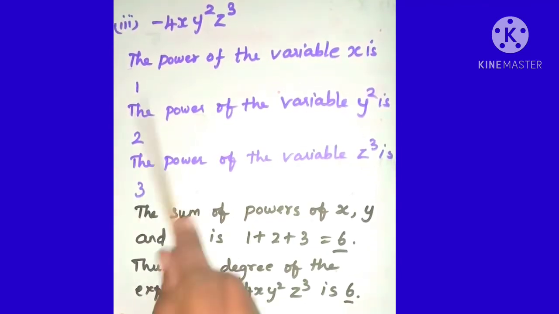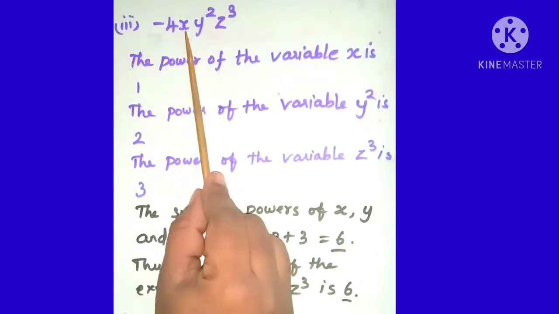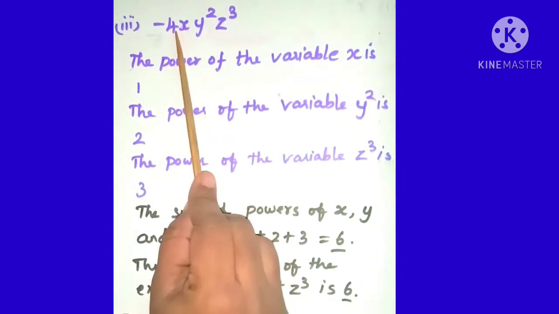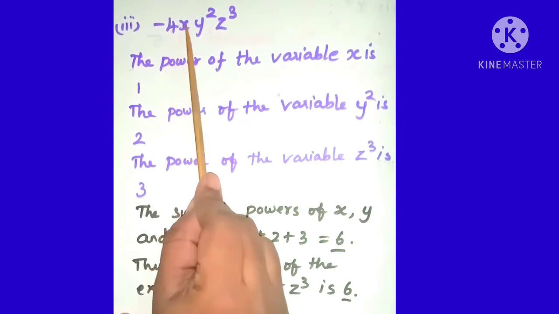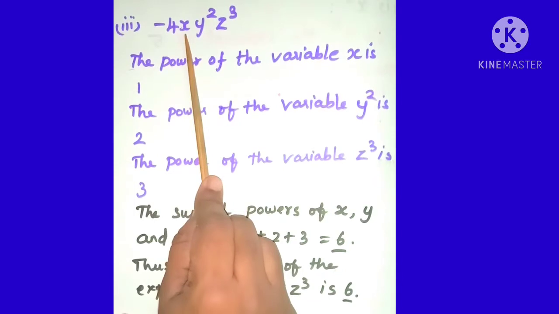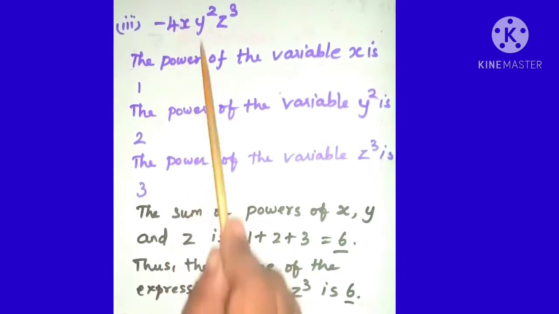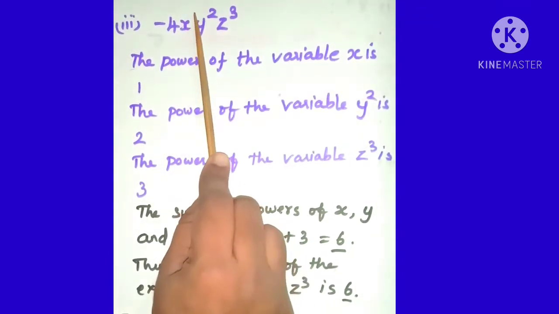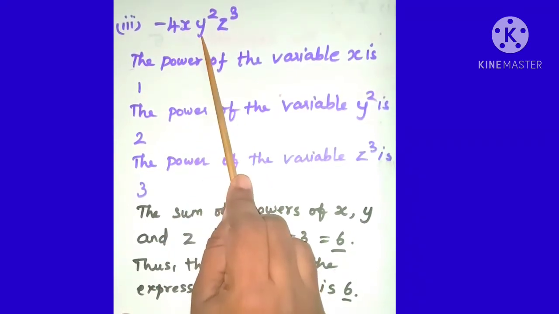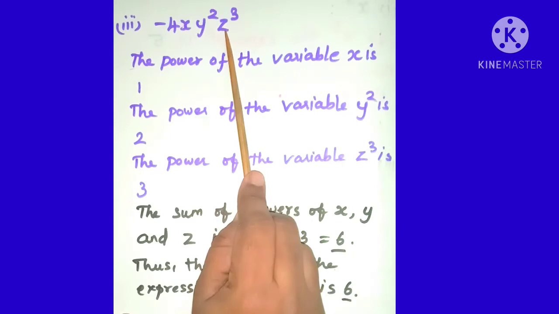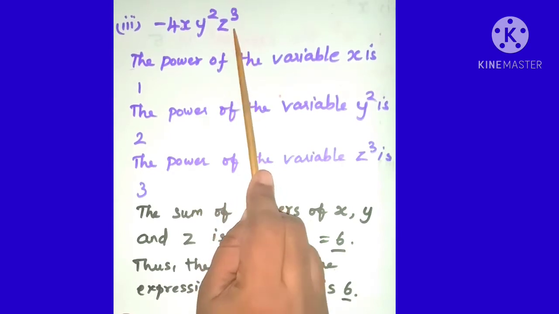So, here we need to find the powers of each variable. Here the power of the constant term is 0 and the power of the variable x is 1. If no number is given, it is considered as 1. The power of y is 2 and the exponent of z cube is 3.